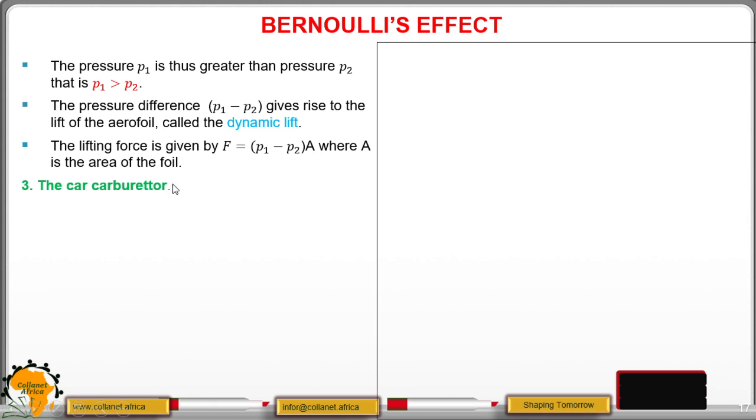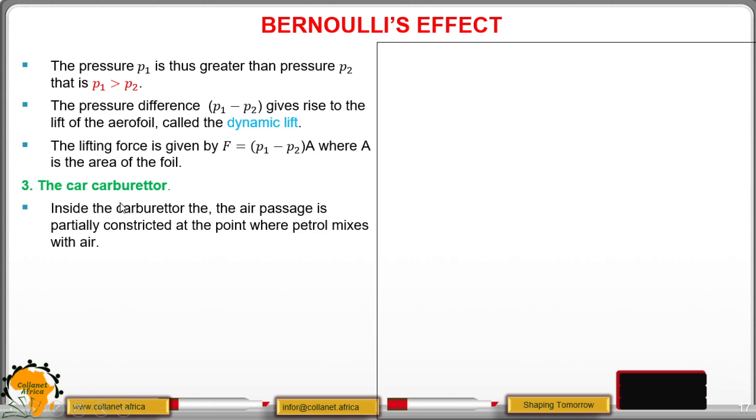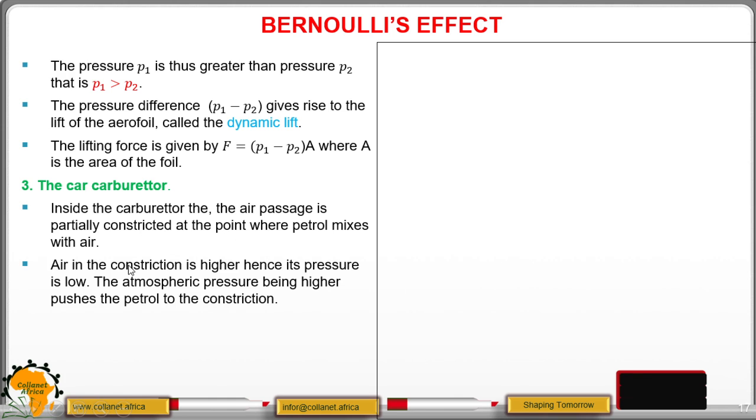Then we have the car carburetor, which also applies Bernoulli's principle. Inside the carburetor, the air passage is partially constricted at the point where the petrol mixes with air. Air speed in the constriction is higher, hence its pressure is low. The atmospheric pressure being higher pushes the petrol to the constriction.